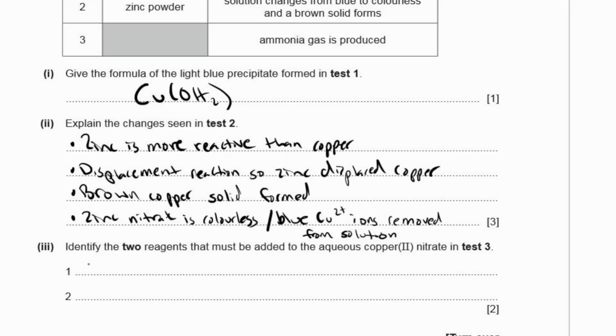The test for ammonia gas is sodium hydroxide, or NaOH, plus aluminium. Okay, so remember, just because this isn't the practical or the alternative to the practical exam, you still need to know the different tests. So you need to know them for everything.